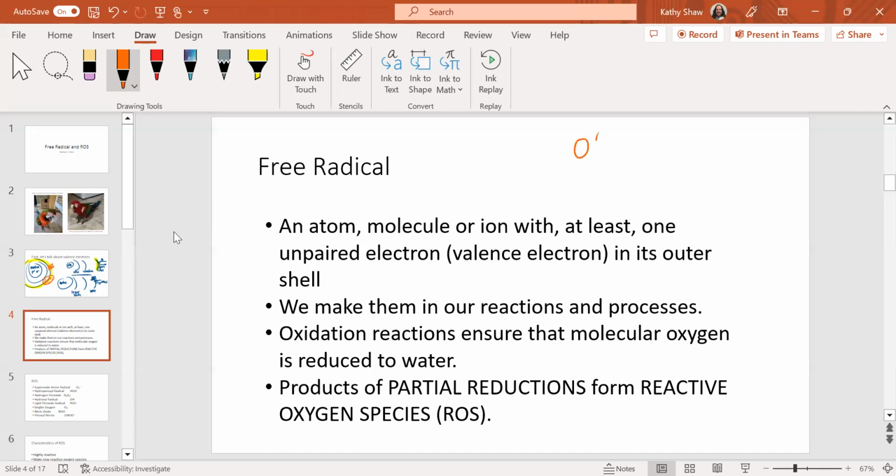So remember, oxidation is losing an electron, reduction is gaining it. One molecule can't lose it without another one gaining it. You can't gain an electron without another molecule losing it. So it's all about oxidizing and reducing, except we're going to have partial reductions. So we'll talk about that and what that means in a minute.